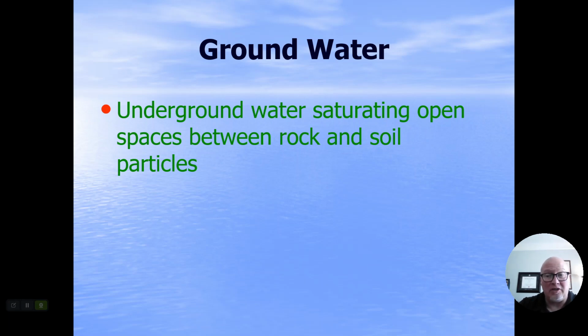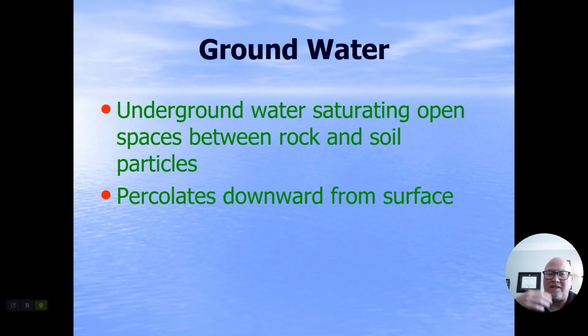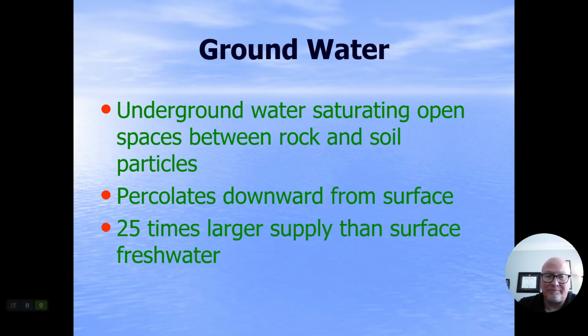Typically, it could be between rock layers. It could be just in the soil. So underground water saturating open spaces between rock and soil particles. So it could be within the soil. It could actually be between rock layers and trapped there, and so it has to come out. So it percolates downward from the surface. This actually cleans the water a great deal.